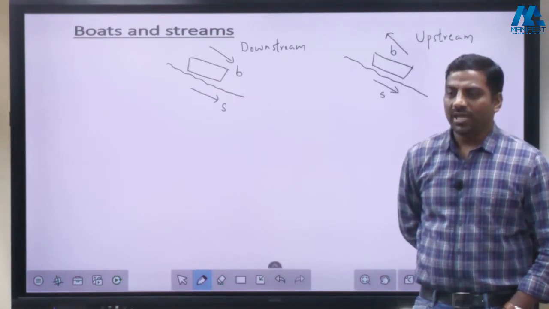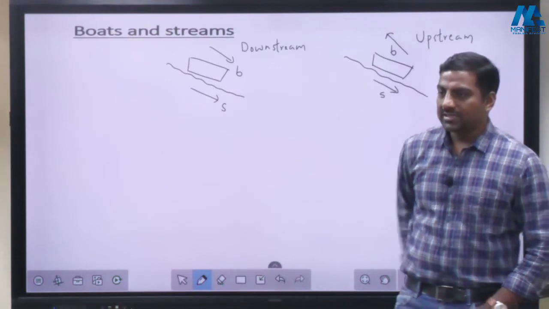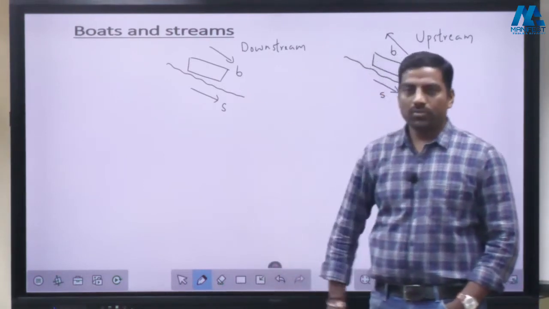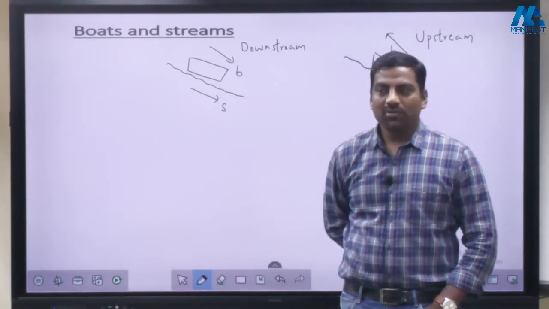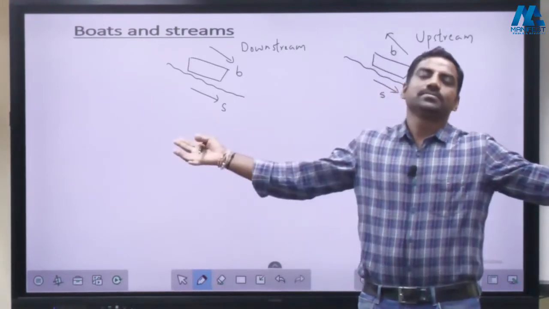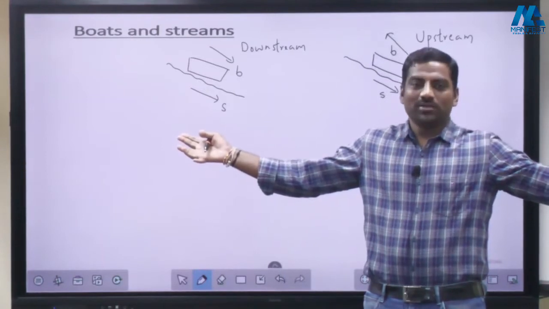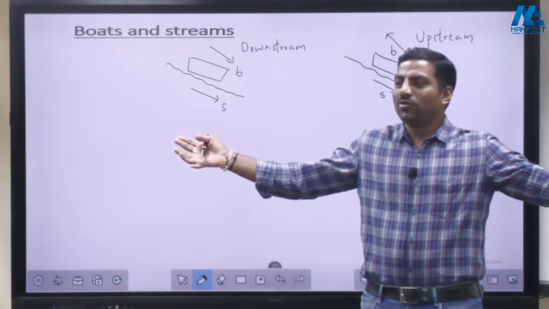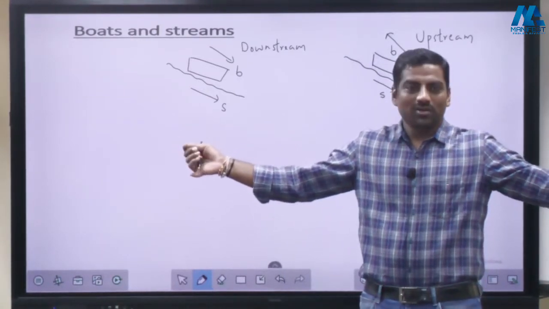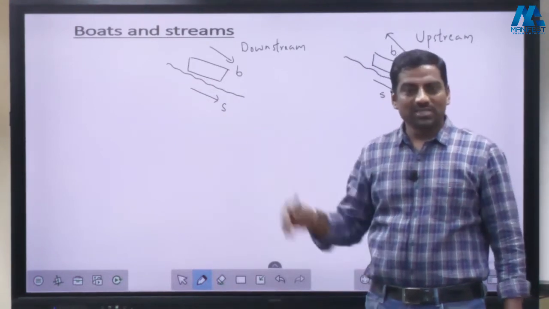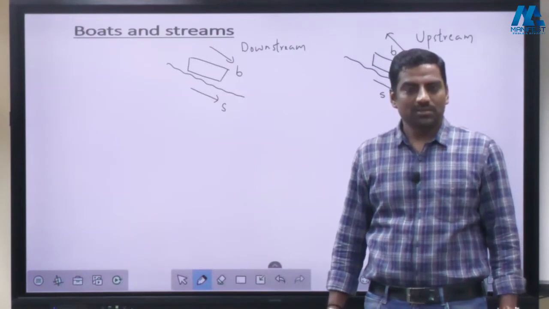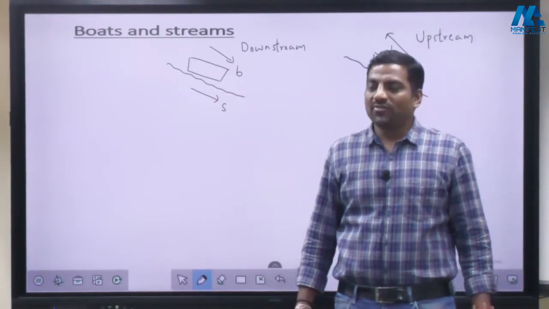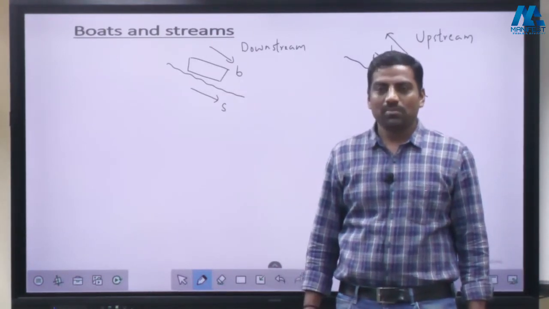The speed of the stream is helping you in this case, or it is obstructing you? Helping, right? Even if you just lie down on the water, you float on the water, you will go a certain distance without doing any effort. So what is the effective speed? Is it the difference or is it the sum?